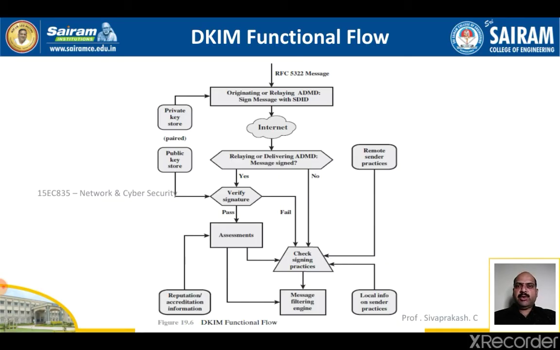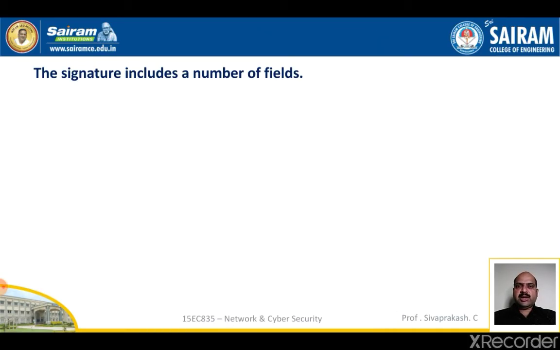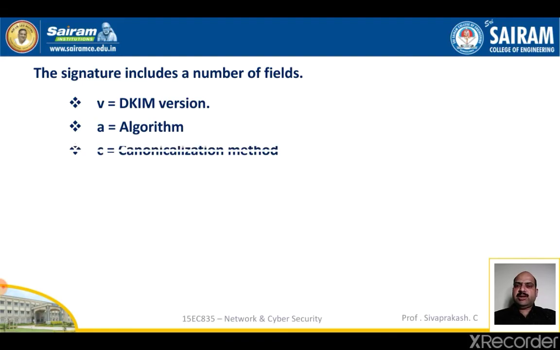So let's look at the signature, which includes a number of fields. V is the DKIM version. A is the algorithm used to generate the signature, which must be either RSA-SHA1 or RSA-SHA256. C is the canonicalization method used on the header and the body.